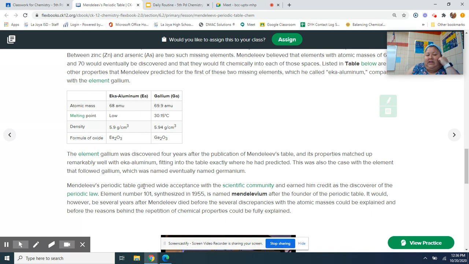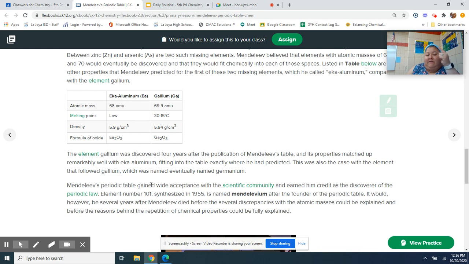Mendeleev's periodic table gained wide acceptance within his scientific community and earned him credit as the discoverer of periodic law. Element 101, synthesized in 1955, is named mendelevium after the founder of the periodic table.